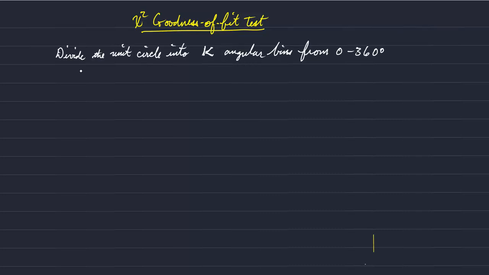And the number of bins should be between the sample size divided by 15 to the sample size divided by 5. So that's the limits on the number of bins.